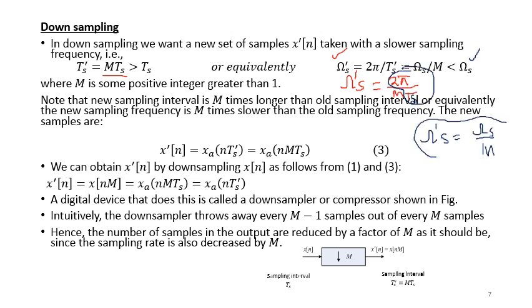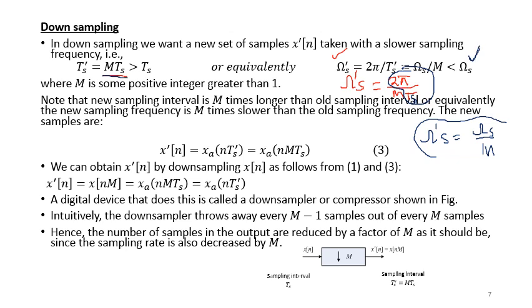So omega prime s equals 2 pi by T prime s. Now T prime s equals M Ts, so we can write 2 pi by M Ts. Now 2 pi by Ts is basically omega s.